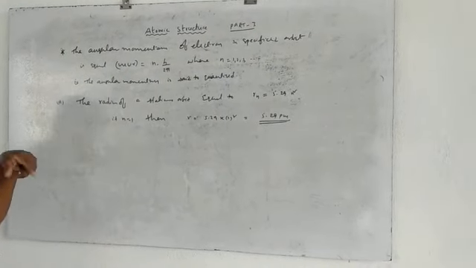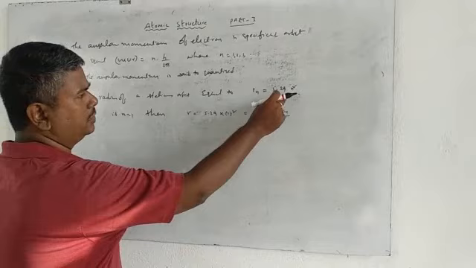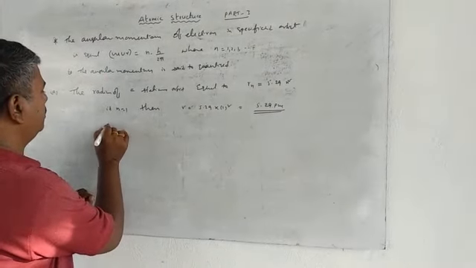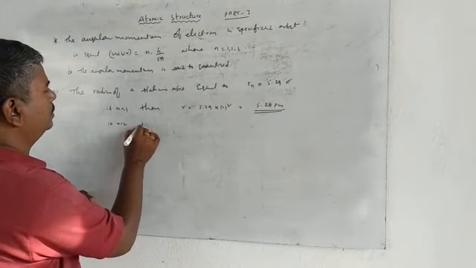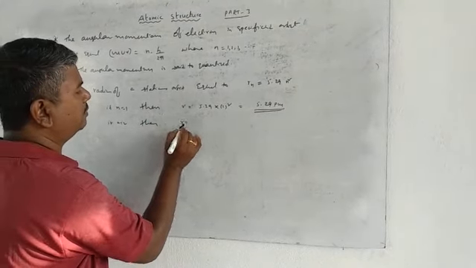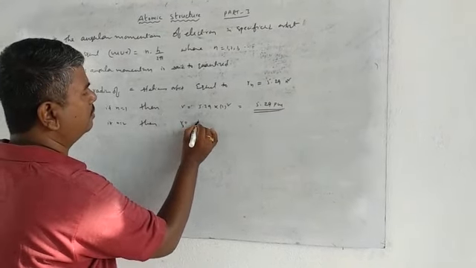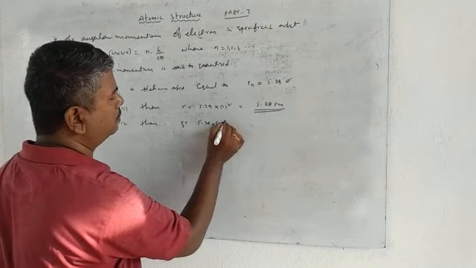Here, for another one, if n equal to 2, then R2 equals 5.29 into 2 square.